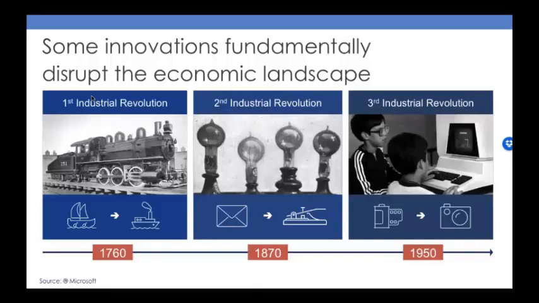Then the third industrial revolution, which most of us have been exposed to, is the digital revolution. Computers were starting to be used, and everything started to become digital. Well, we all heard of a company called Kodak. By the 1980s, Kodak ruled the film industry.